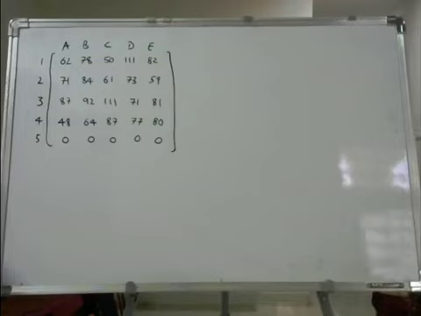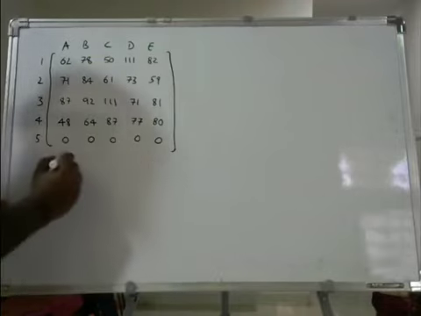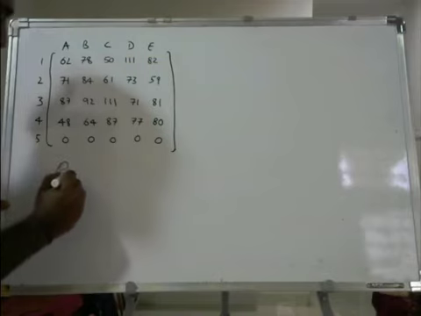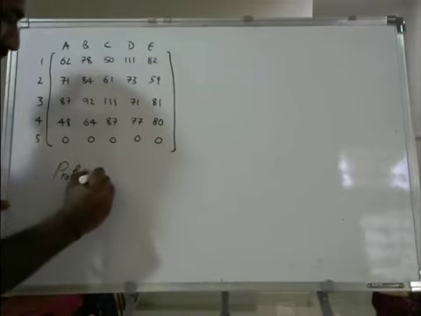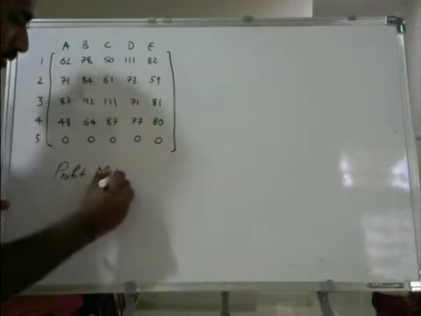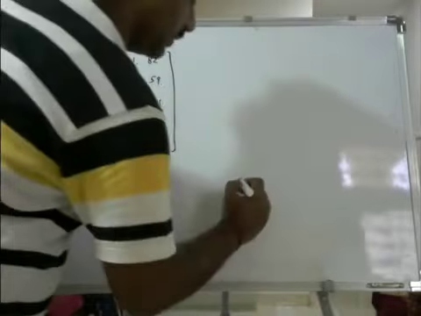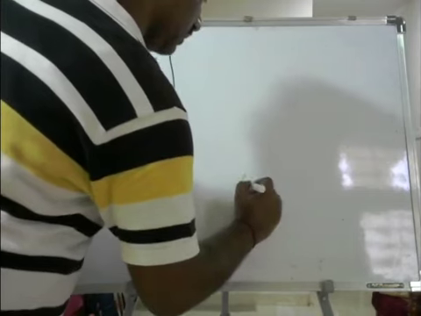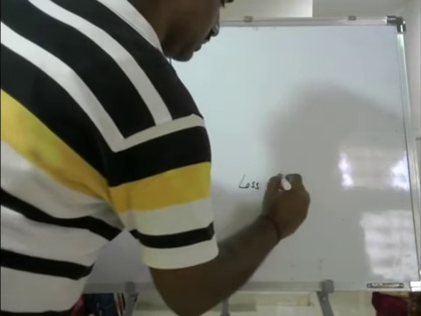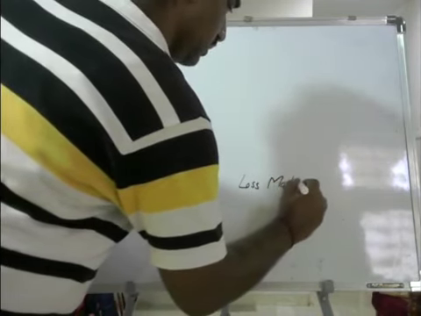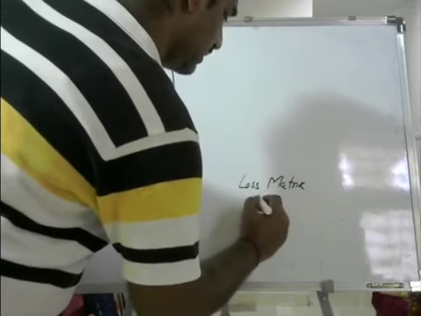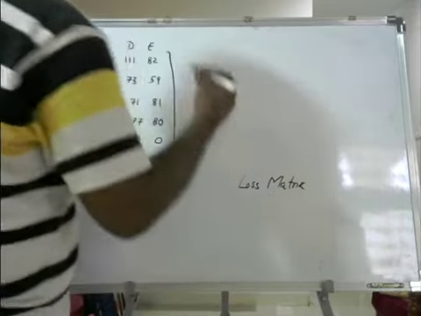So this is basically a profit matrix. Now this we have to convert into a loss matrix. This is also called the cost matrix.